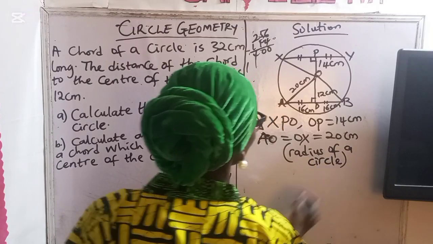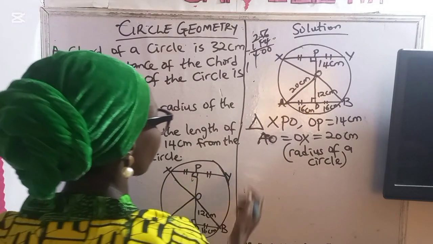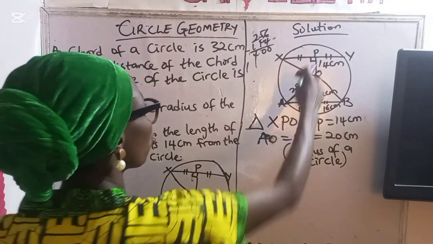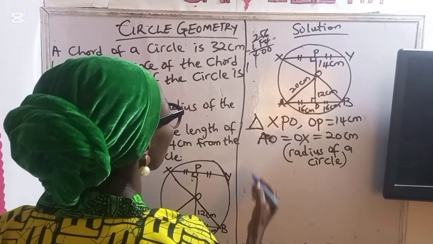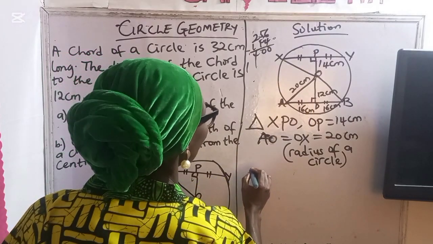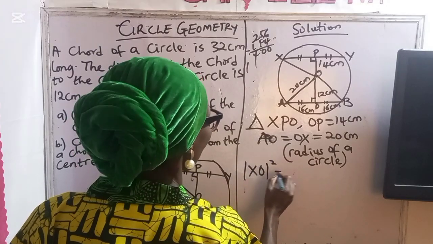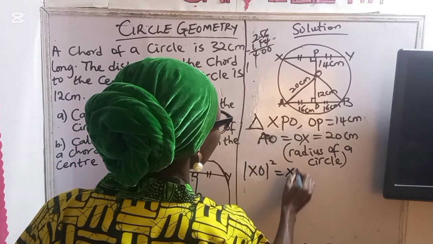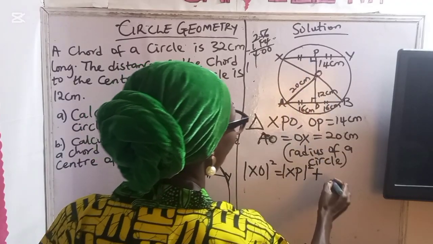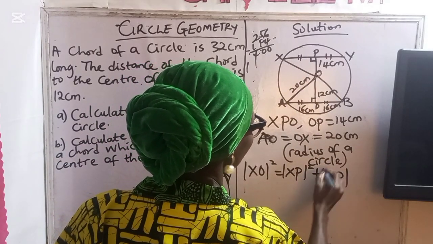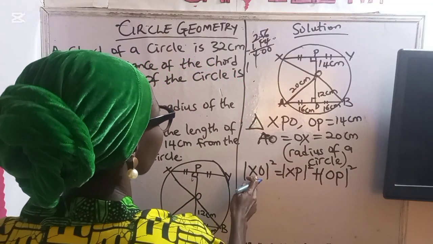Radius of a circle. Now, to calculate the distance here, we are still using Pythagoras rule because it is a right angle triangle. It will now be XO squared equals XP squared plus OP squared, right? So what is XO?